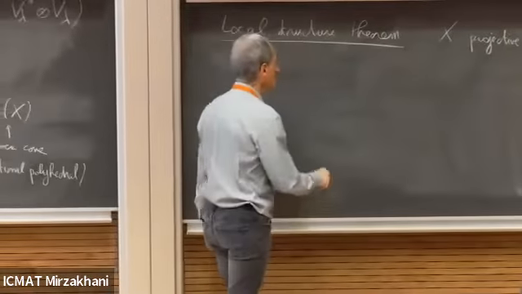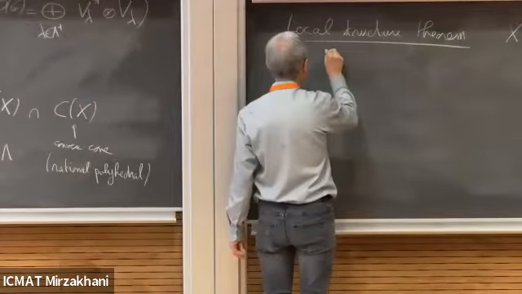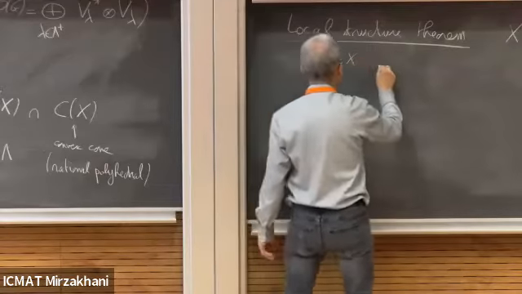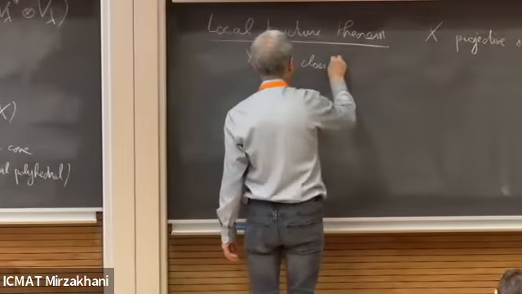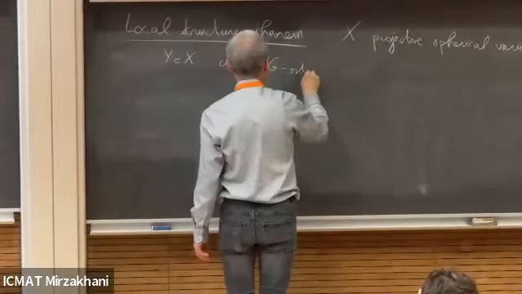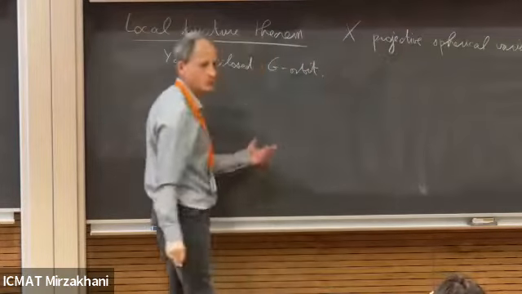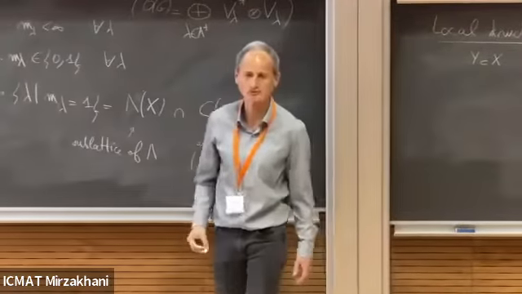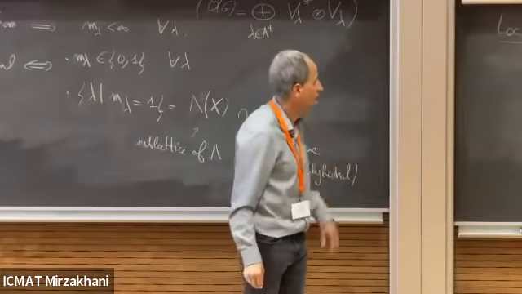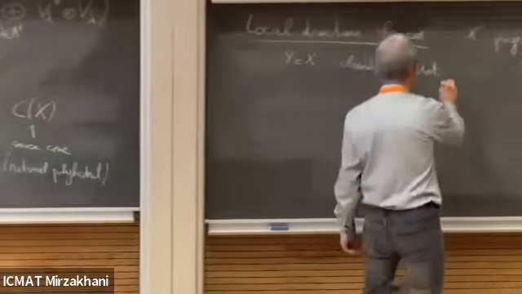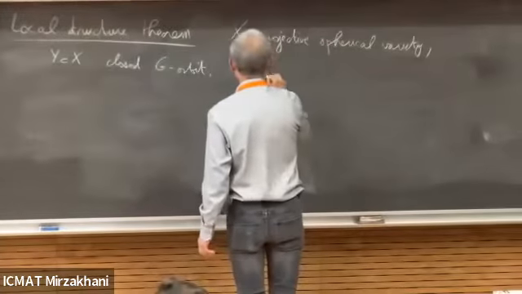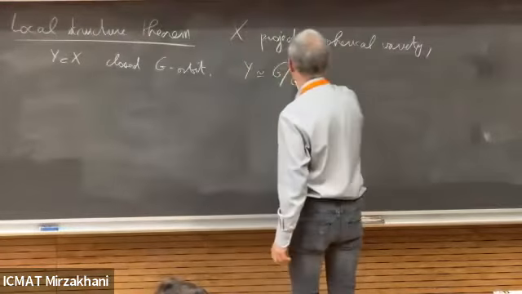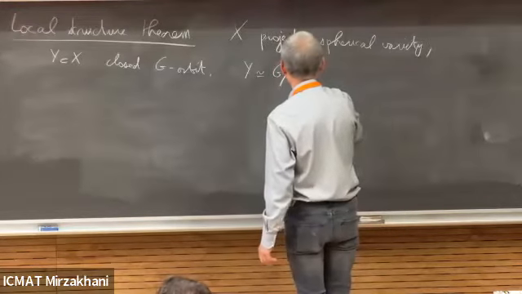For G, let's take a closed G orbit. This already exists, and closed orbits exist in the realm of algebraic group actions. So now you know that Y is isomorphic to G times some parabolic subgroup, which is a stabilizer of some point.